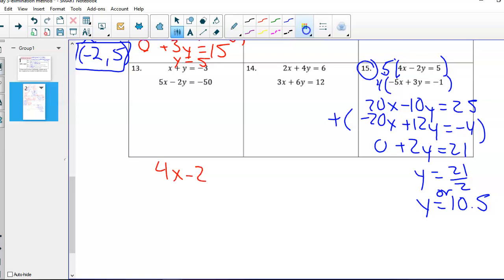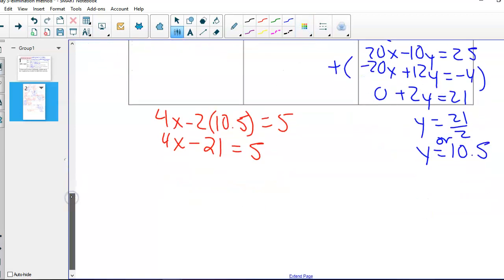4x minus 2 times either one of those. I'm just going to put 10.5. What is negative 2 times 10.5? Negative 21. Add 21 to both sides. We get 26.